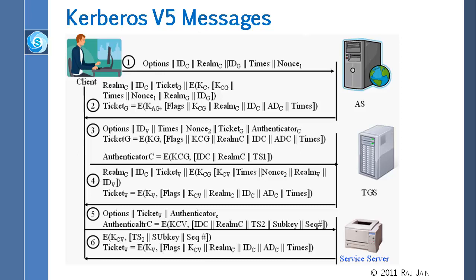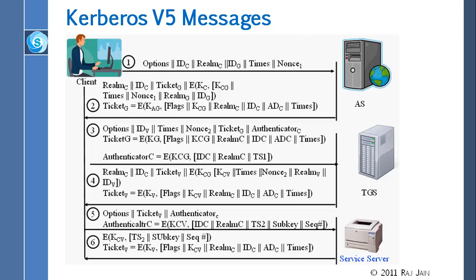Well, let me correct myself. The ticket is in clear, but the ticket itself is encrypted. So it's not really in clear. These two are in clear. The ticket itself is basically encrypted with KAG. It says what flags the user requested, and the rest of the stuff should be obvious.